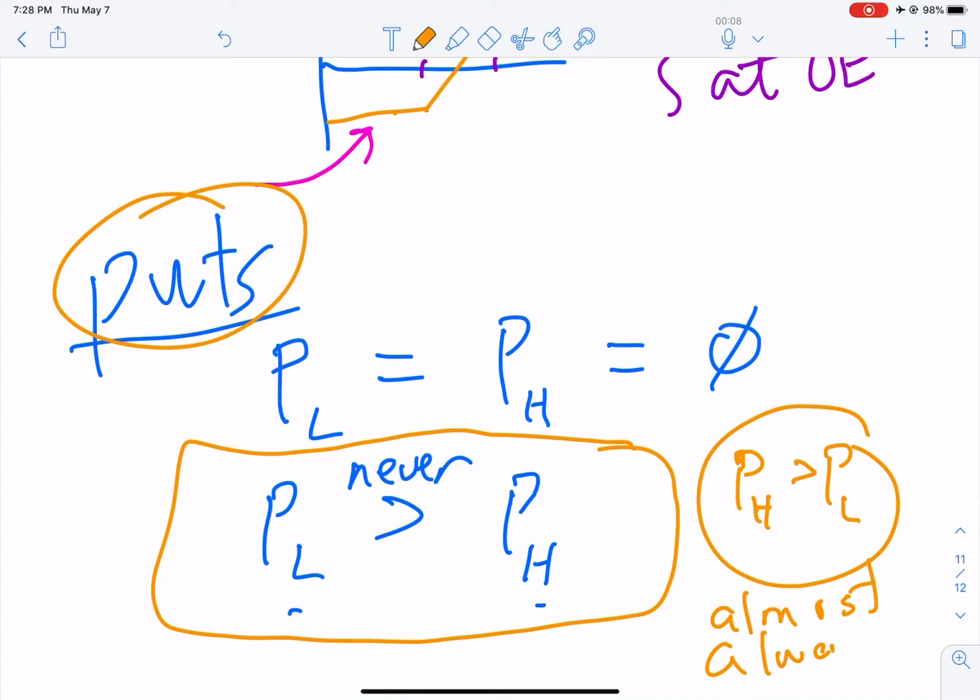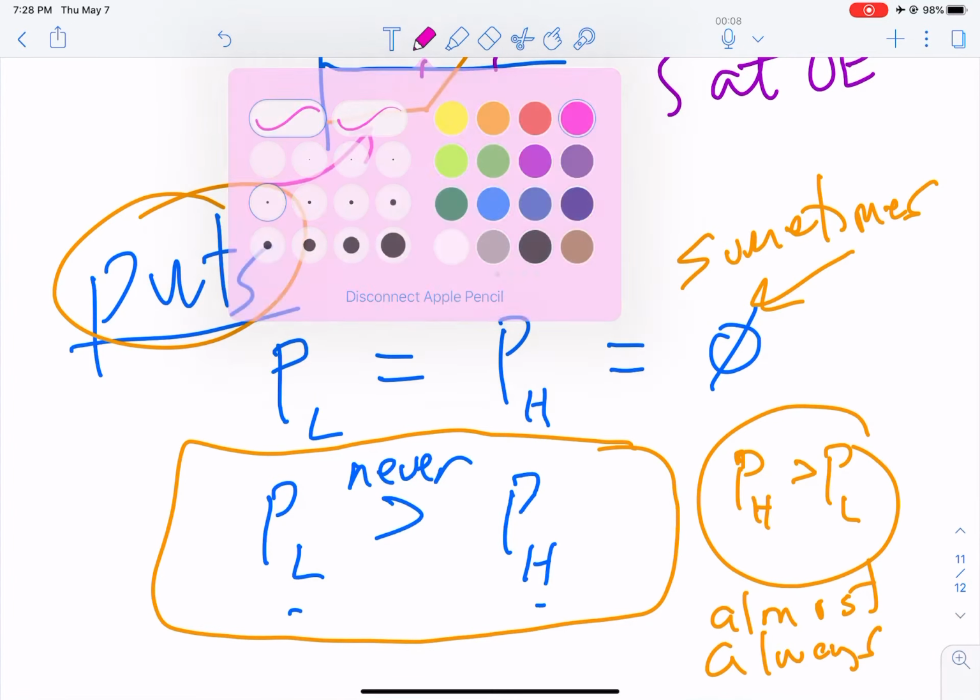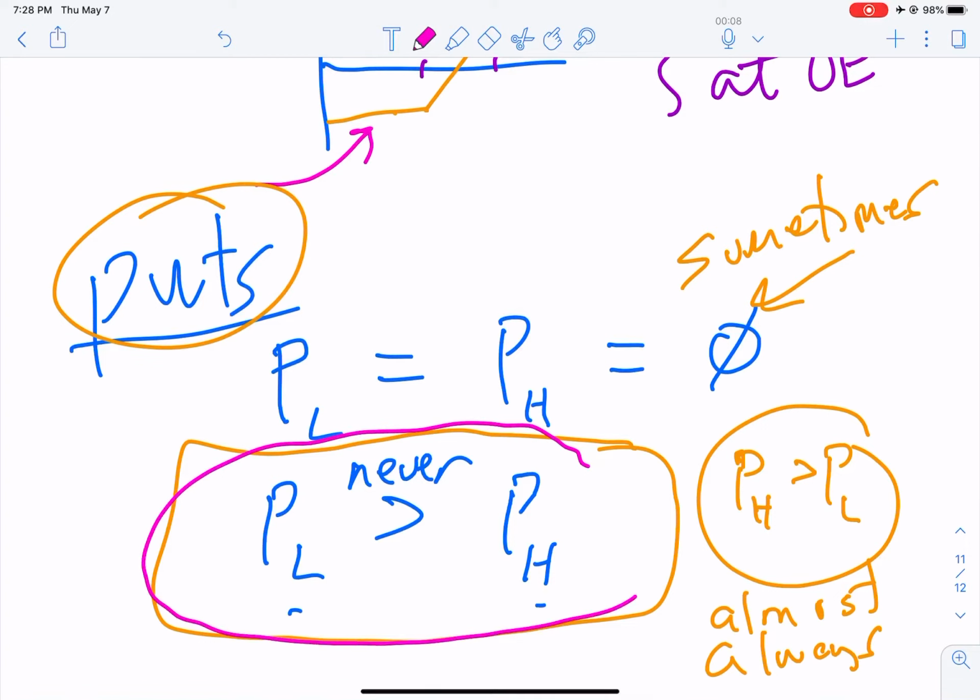However, sometimes we have this. The way you summarize that in a sentence is: the price of the lower strike put can never be greater than the price of the higher strike put in equilibrium. That's the condition.